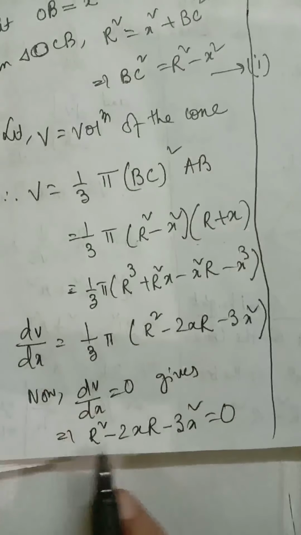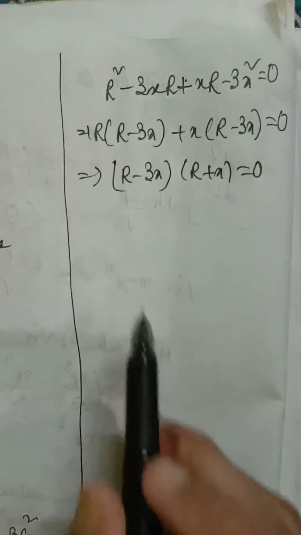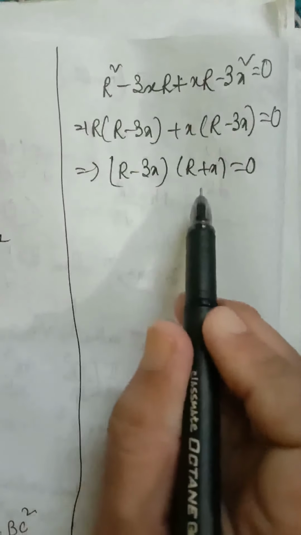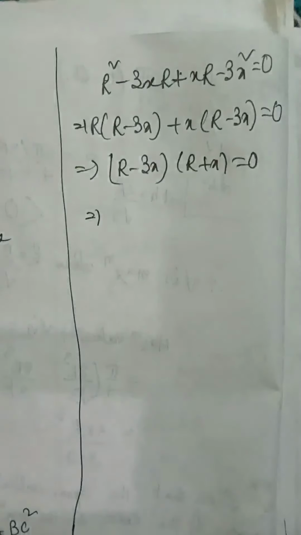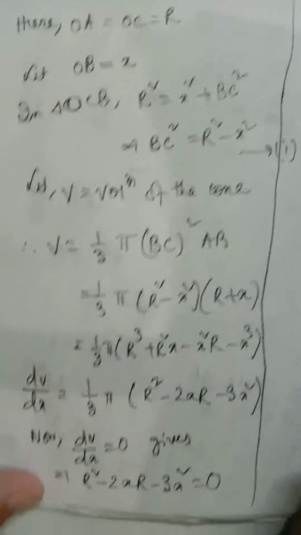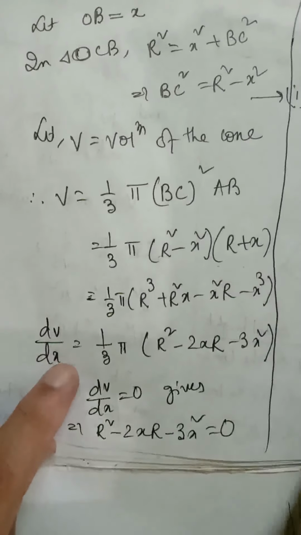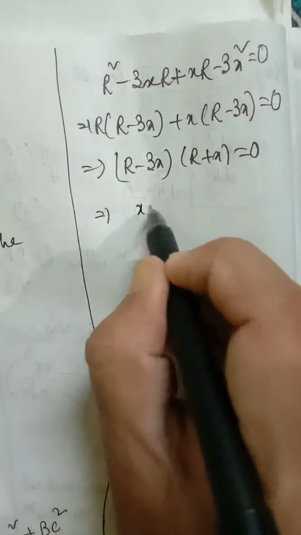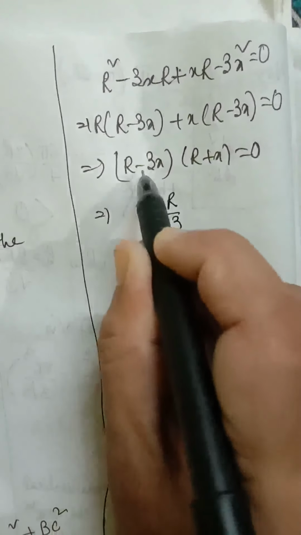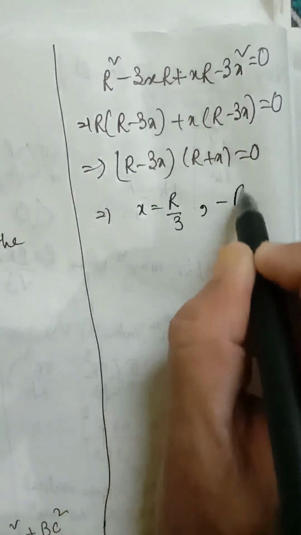After simplifying, we get (r minus 3x) into (r plus x) equal to 0. Since x is the variable, we have to find x. So x equals r by 3 or minus r.